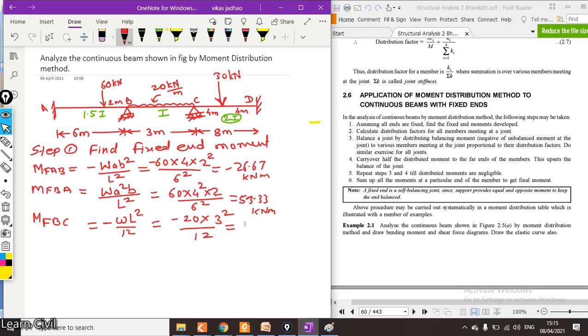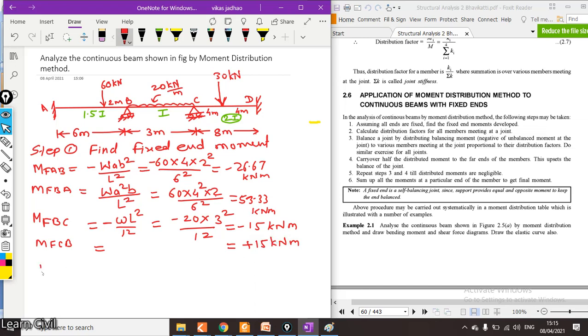So this will be equal to minus 15 kilonewton meter, and MFCB is equal to plus 15 kilonewton meter because the formula is plus W L square upon 12.